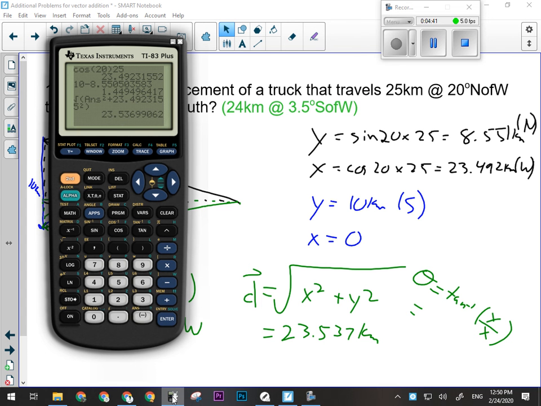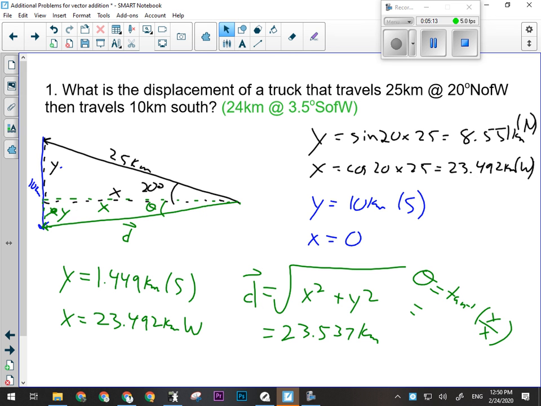So the inverse tan of 1.449496417 divided by 23.492315. We're looking at a pretty narrow angle here, of 3.53 degrees. And so our overall answer to two significant figures is 24 kilometers at 3.5 degrees south of west. Okay, everybody, is that ringing a bell for everybody?